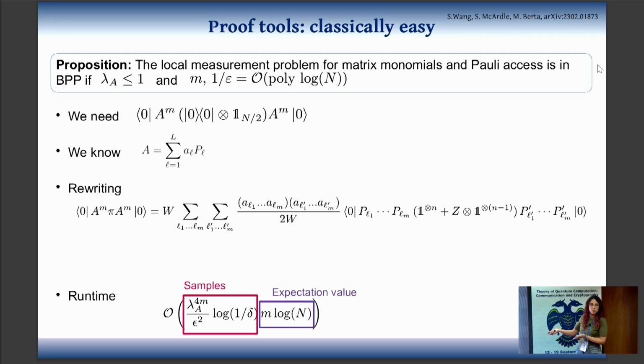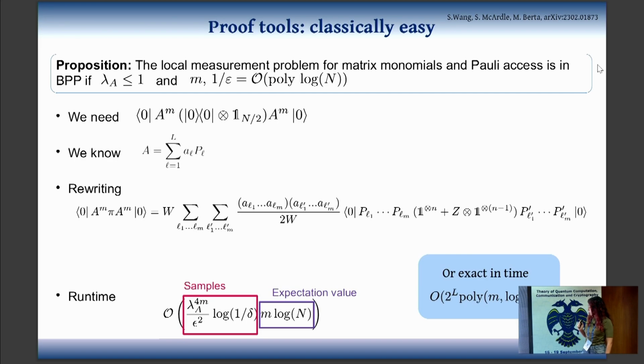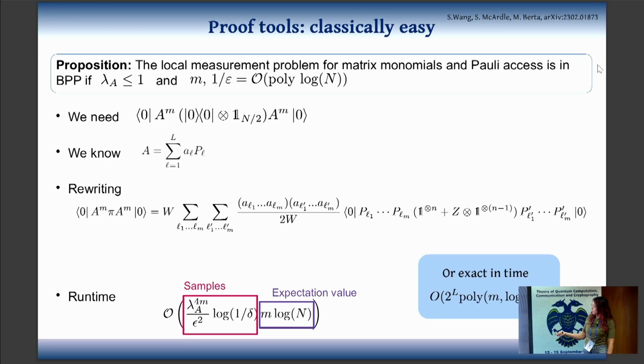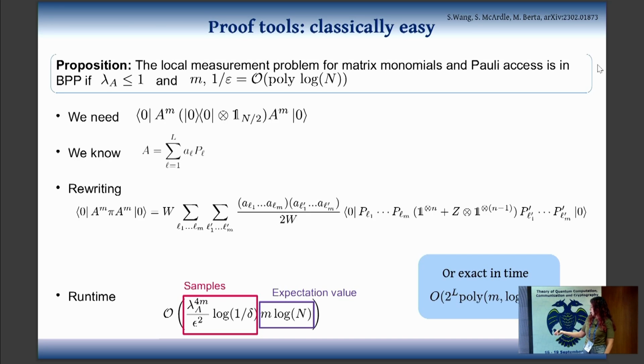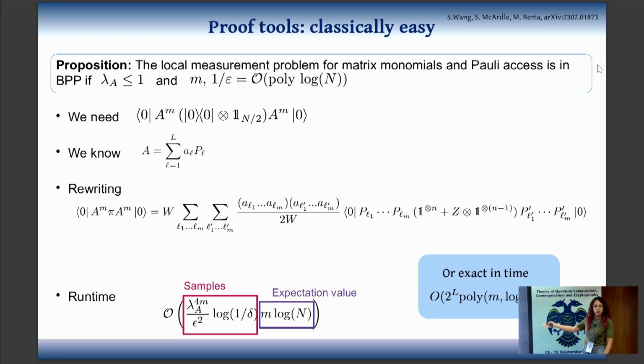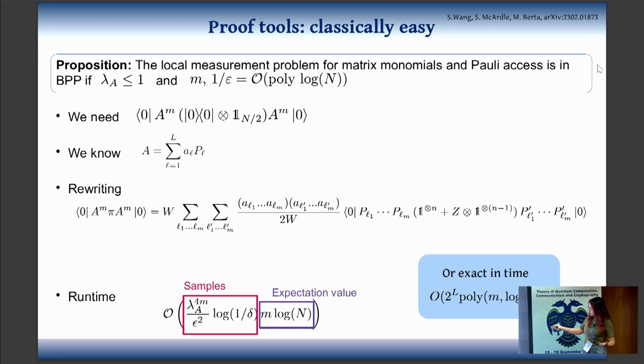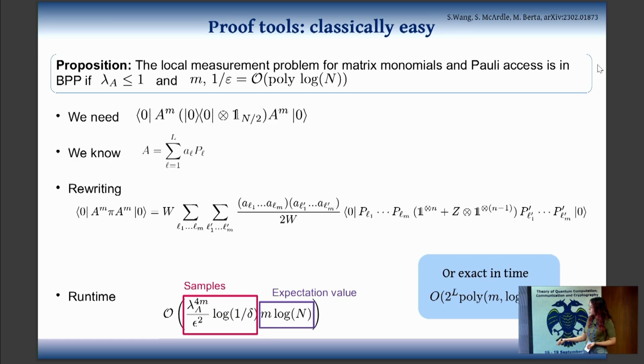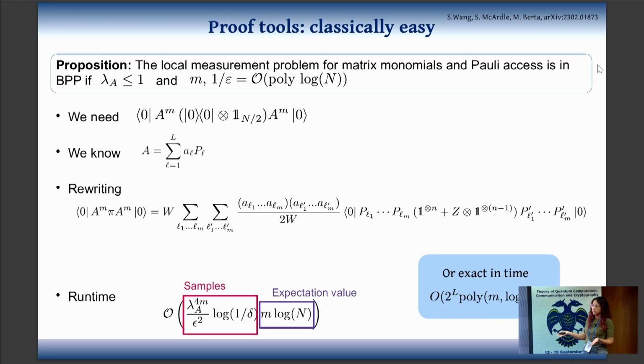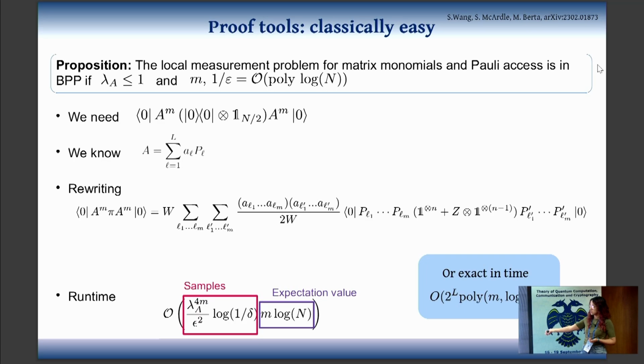So we propose an algorithm. It is efficient, so we prove that this instance is classically easy. And actually, we could compute the runtime for calculating this sum exactly. Because if you multiply all the Paulis that appear in the decomposition, you don't get any number of Paulis. You can only get up to 2 to the L of them. So in the end, you only have 2 to the L different terms in your sum.